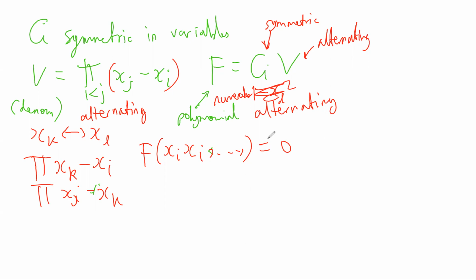Why is that? This argument seems very strange. Is it trying to claim that every alternating polynomial has a factor of xi minus xj?